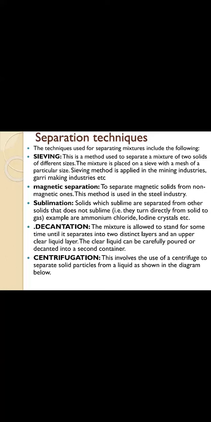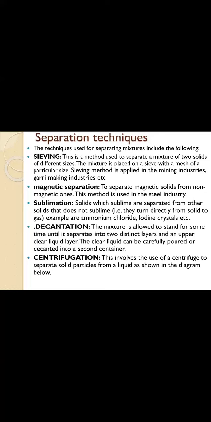To separate this, the mixture is poured in the centrifuge tube or test tube. The centrifuge tube is placed inside the machine, then the machine is started. The centrifuge spins.